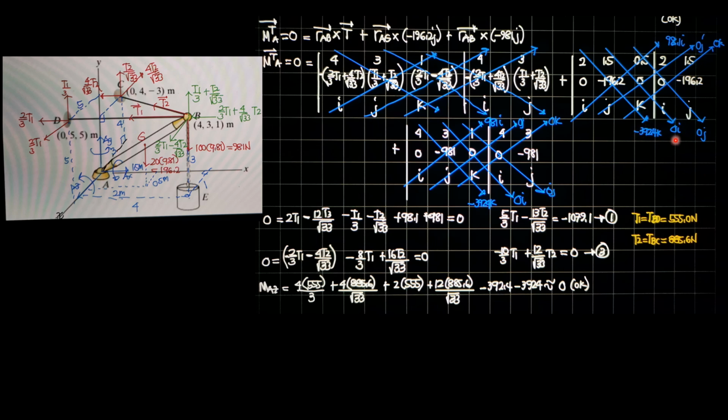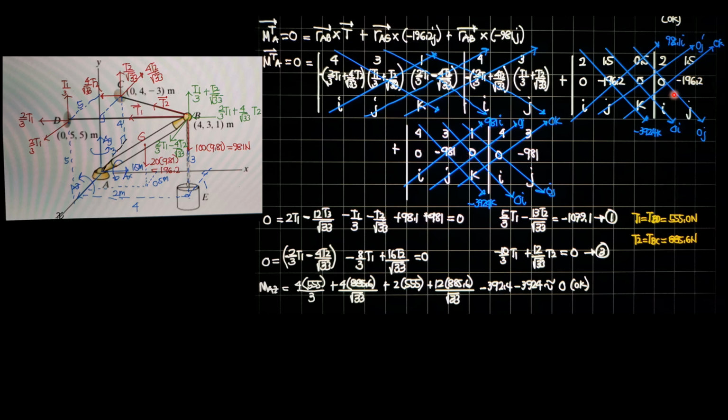Then here we have 0i, then minus negative, so that's positive. Negative 196.2 times 0.5, negative of that is 98.1 i. Then here we have 0i, and that's positive, minus negative 981 times 1, so 981 i.